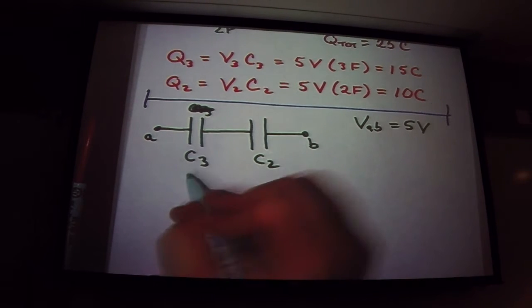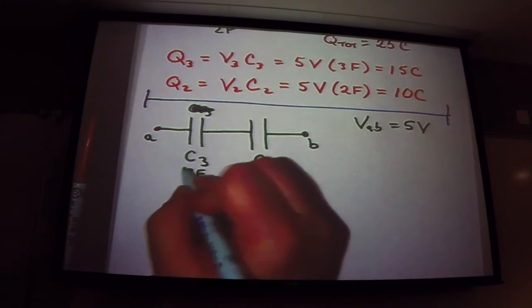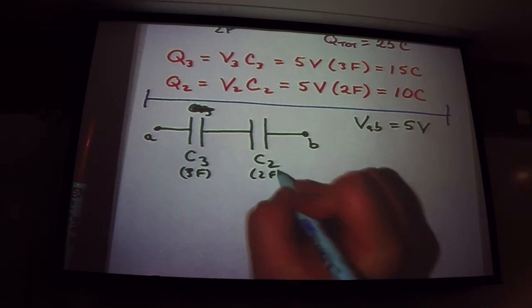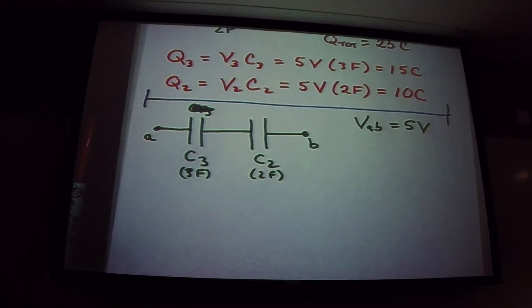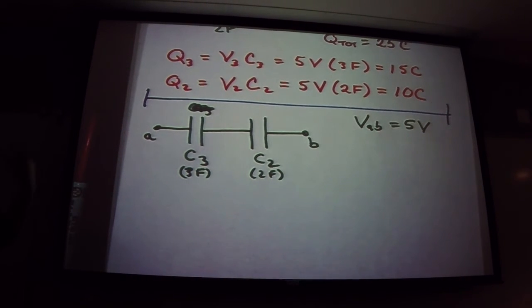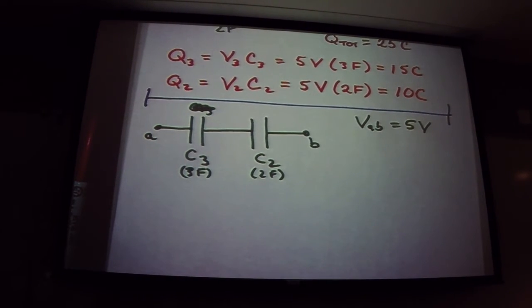We want to do the same thing we did at the top: find the charge and voltage on each one, and find the equivalent capacitance and the total charge stored in the circuit.